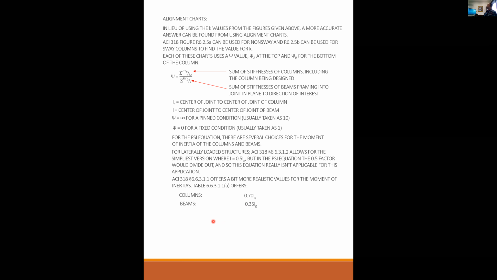Why would you use more of the moment of inertia for a column than the beam, you think? Any ideas? What happens to a beam when you put it into service?